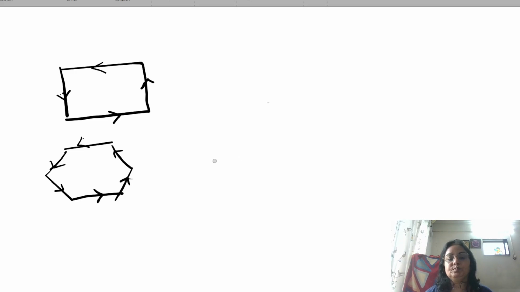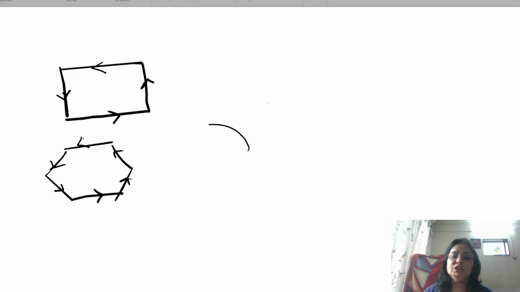So how many times have I changed the direction? 4 times. Similarly, this is a hexagon, and how many times have I changed the direction? If I move along a hexagon, 6 times. Similarly, in an octagon, I will change the direction 8 times.